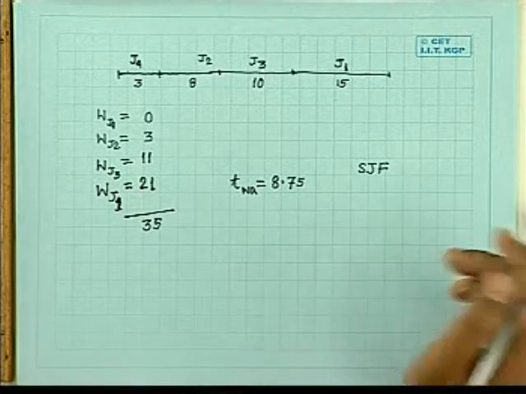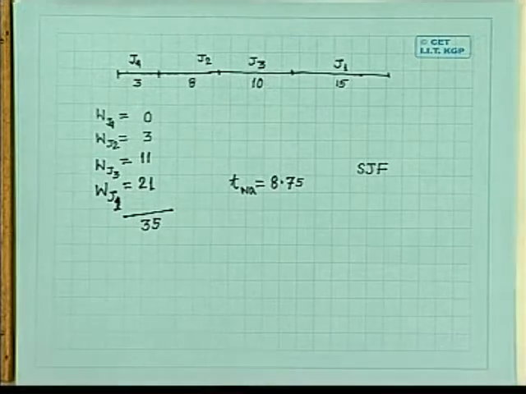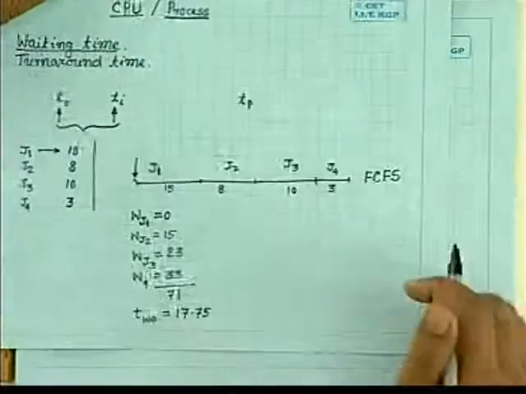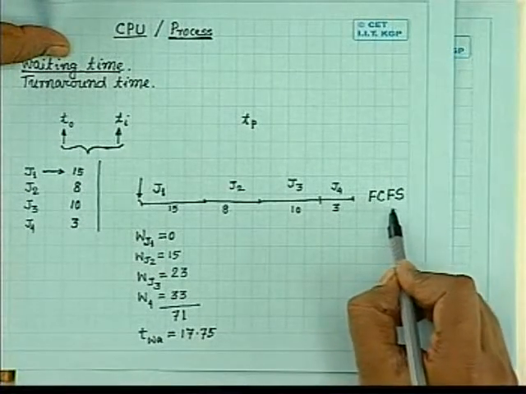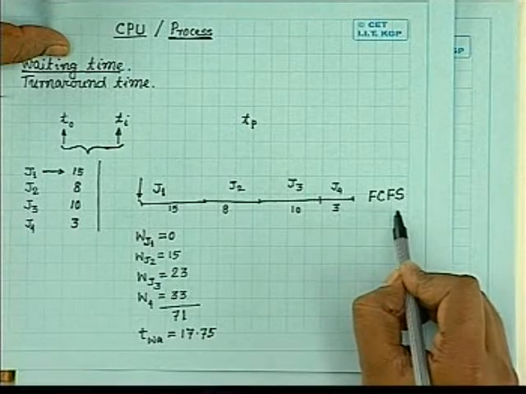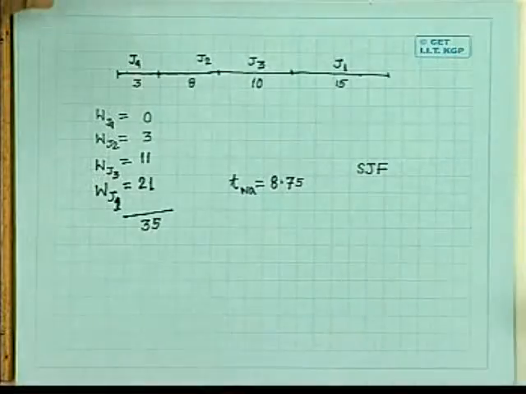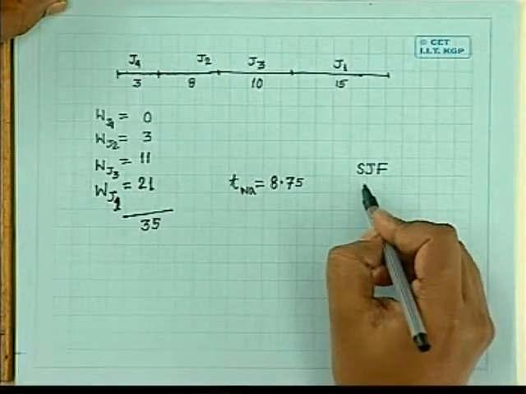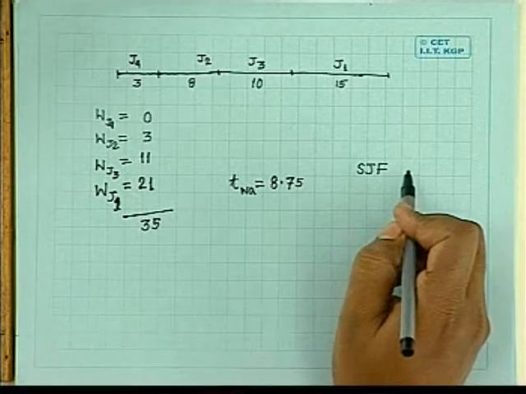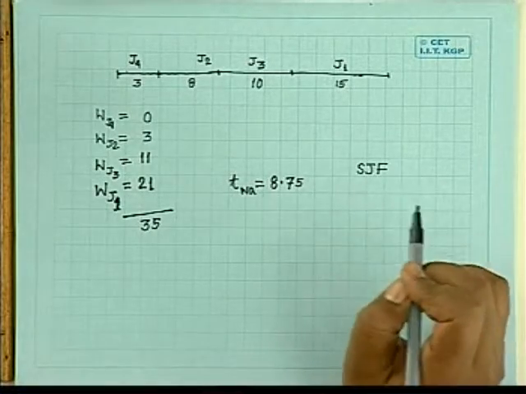So our first type of scheduling is first come first served, or FCFS, and the second kind is shortest job first, that is SJF.